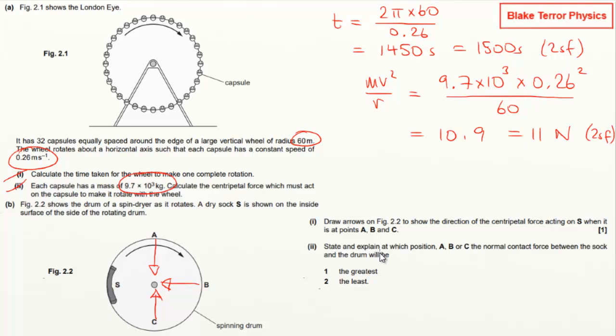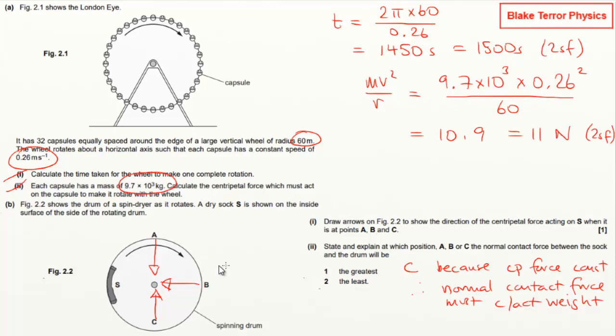State and explain at which position A, B, or C the normal contact force between the sock and the drum will be the greatest and least. Right, so the greatest is going to be at C because the centripetal force is constant. Therefore, the reaction force, normal contact force they've called it, must counteract the weight, whereas you're going to have the opposite on the other side.